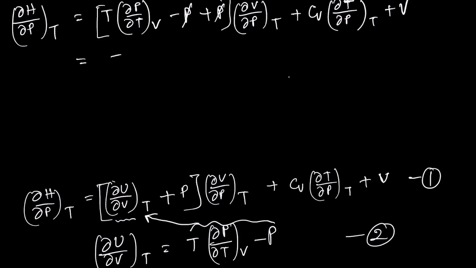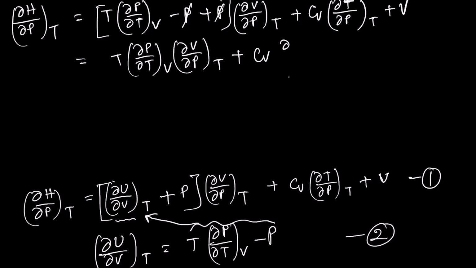Now, giving us T del P del T at constant V times del V del P at constant T plus CV del T del P. Oh, so why was I writing all that all along? This quantity is 0, plus V. You see, I was writing that because I did not notice that it was at a constant temperature.